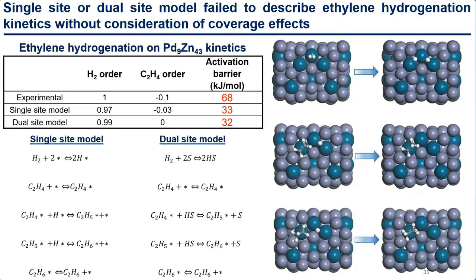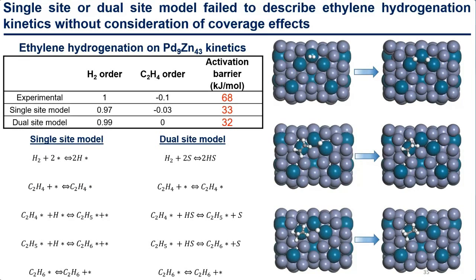And so experimentally, what we find studying the hydrogenation of ethylene is that the reaction order in hydrogen is around 1, and the reaction order in ethylene is right around 0, and the activation energy is about 68 kilojoules per mole.